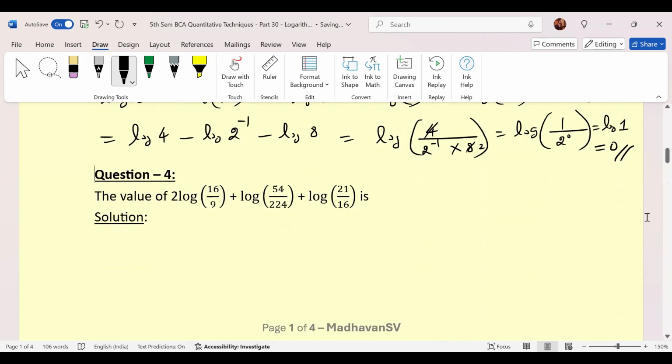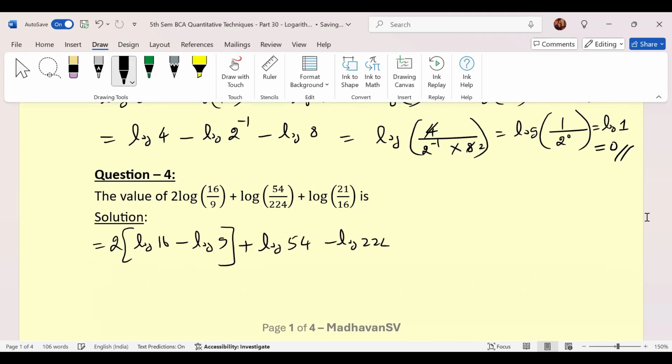The value of 2 log 16 by 9 plus logarithm of 54 by 224 plus logarithm of 21 by 16 is what? So now this can be written as 2 times log 16 minus log 9, plus logarithm of 54 minus log 224, plus logarithm of 21 minus log 16.